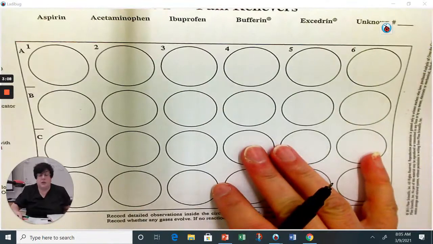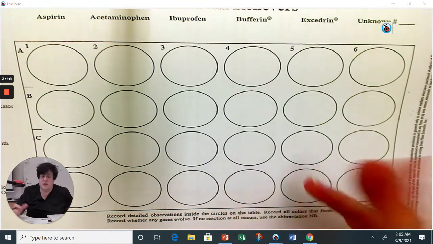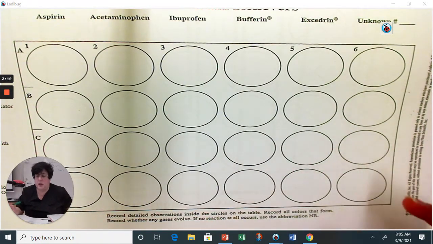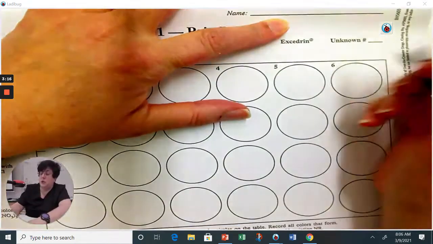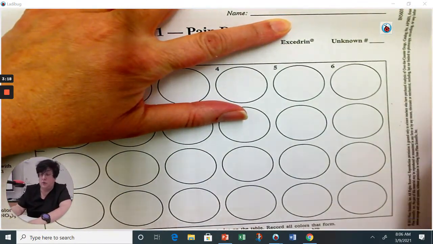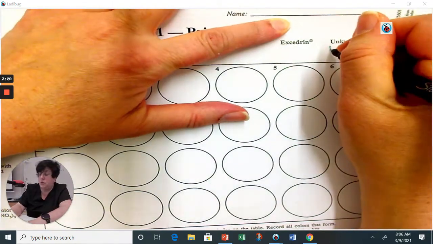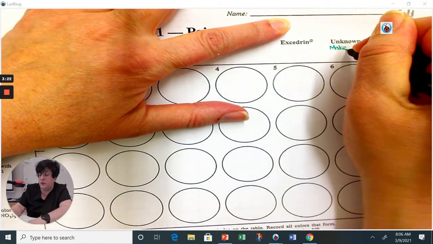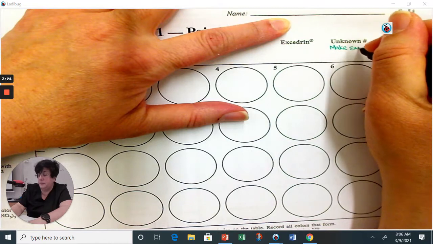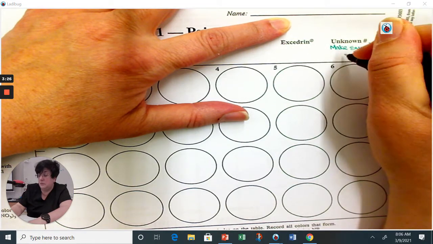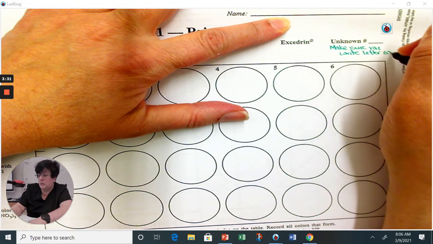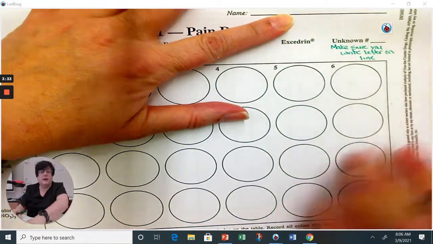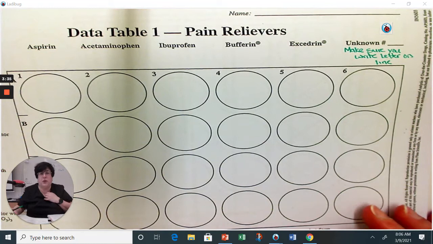With those pain medications, and I may even take this page out because it's really a pain to write on it in the book, we also are going to have unknowns. You choose the unknown. I'm going to do all of the unknowns. Make sure you write the unknown letter, because it's really a letter. If you don't, I can't give you credit for identifying your unknown.